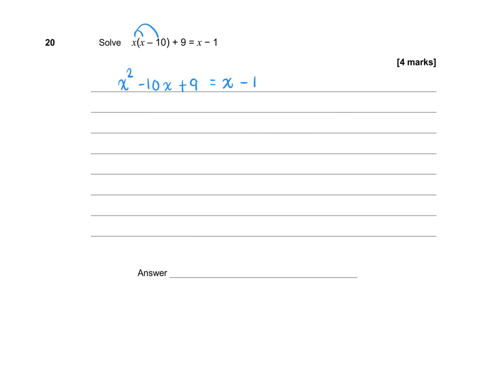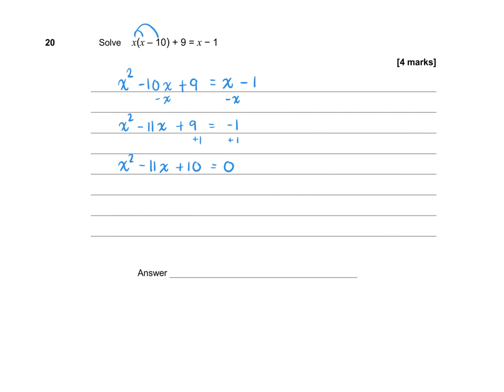Now I'm going to subtract off this x over here, and the x over there as well. So I have x squared minus 11x plus 9 is equal to negative 1. And then I'm going to add 1 to both sides. So now I have x squared minus 11x plus 10 is equal to 0.